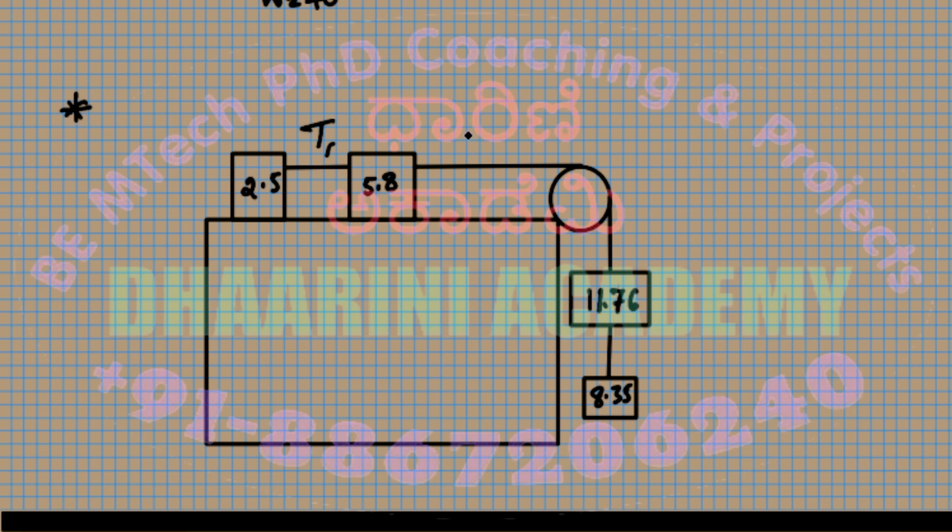Find the tensions T1, T2, and T3 of the system.